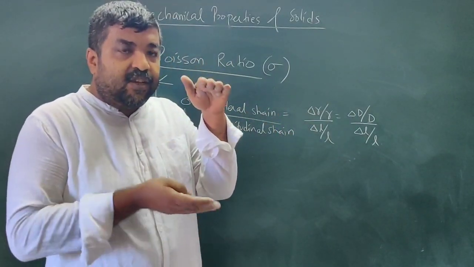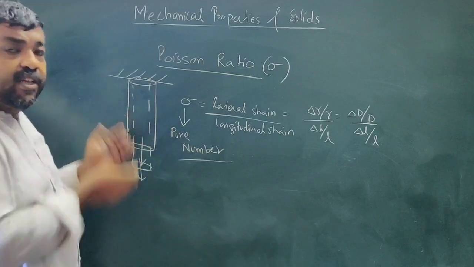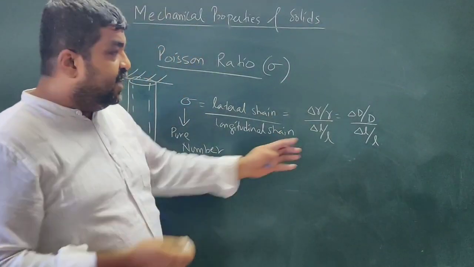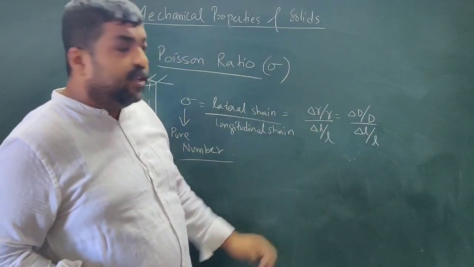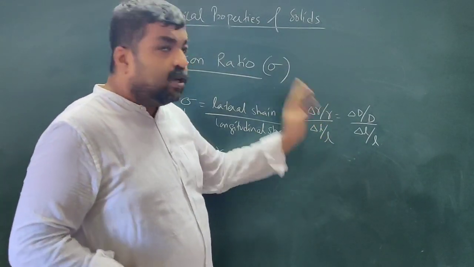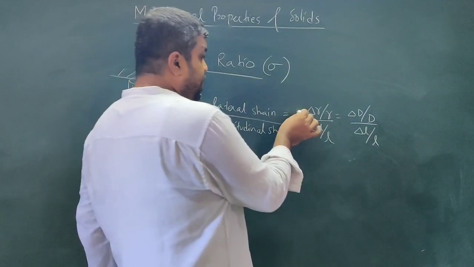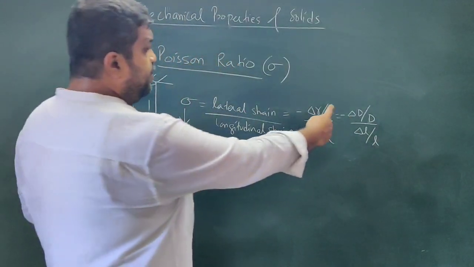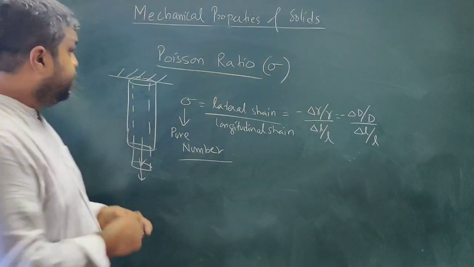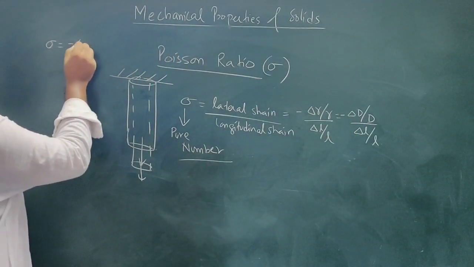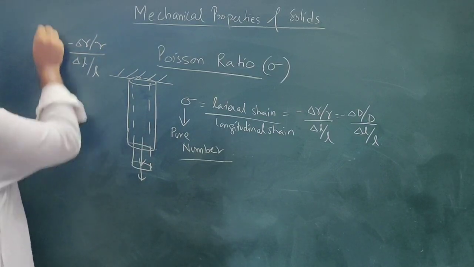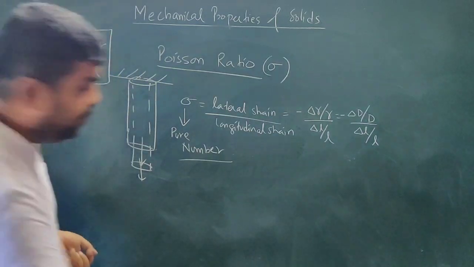If the length is increasing, obviously the radius will decrease. So these deltas have opposite signs: if delta L is positive, delta R will be negative. So overall the quantity will have a negative sign, and I am writing a negative sign over here. So this is the expression for Poisson ratio: sigma is equal to minus delta R by R divided by delta L by L.